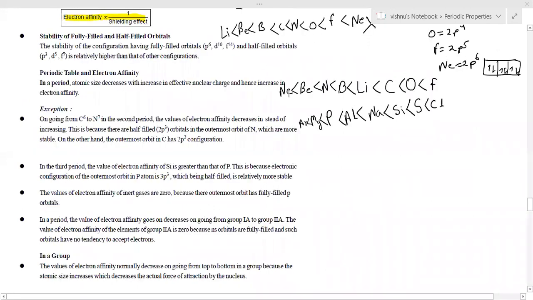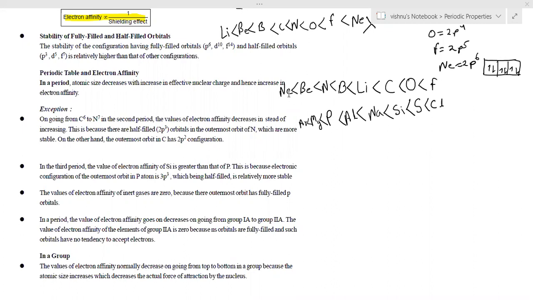Now see, first exception. As I said, this half filled will have less electron affinity. So this is the first exception.